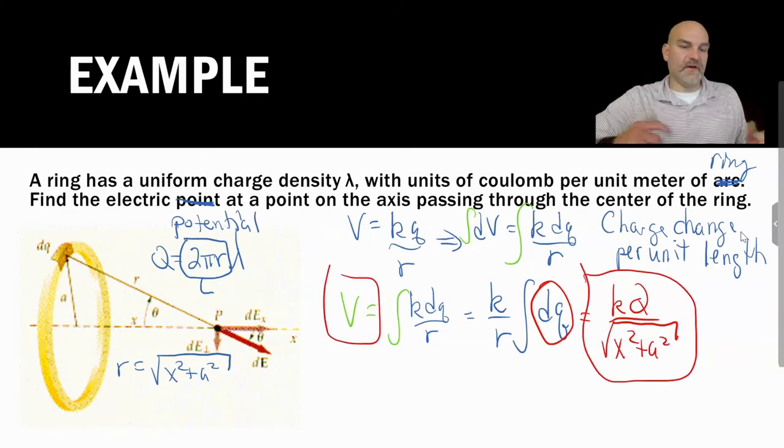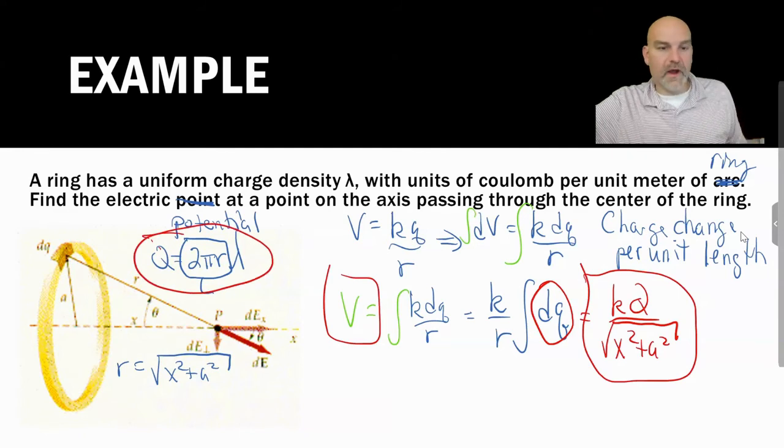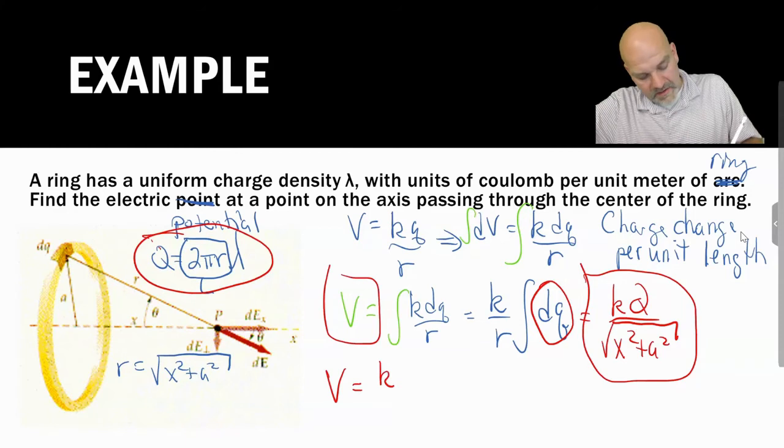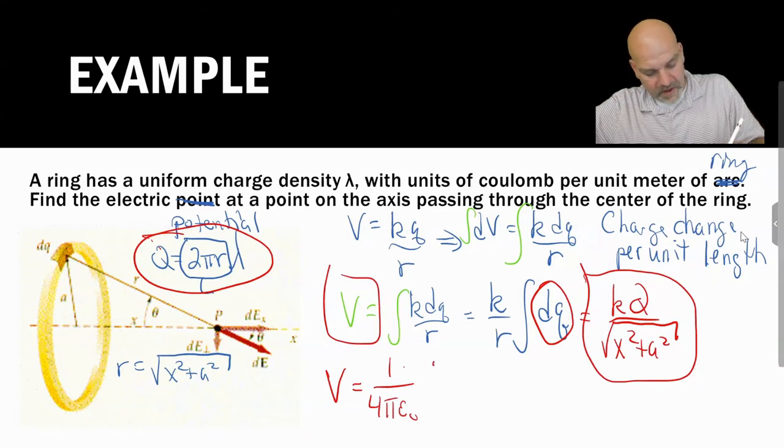And then the other potential answer would be if I now plug in 2 pi R lambda to get it in terms of lambda. So it's going to be K, and we'll plug in what K stands for, remember, 1 over 4 pi epsilon naught. And we're going to multiply that by 2 pi a, because it's the radius of our ring, times lambda over root x squared plus a squared.